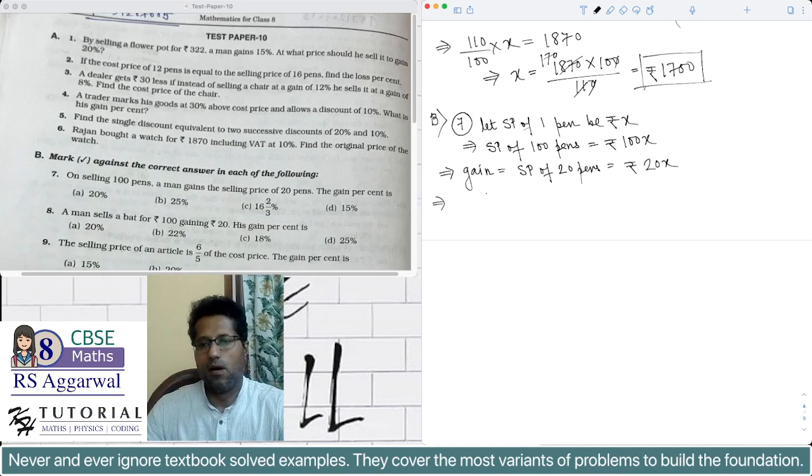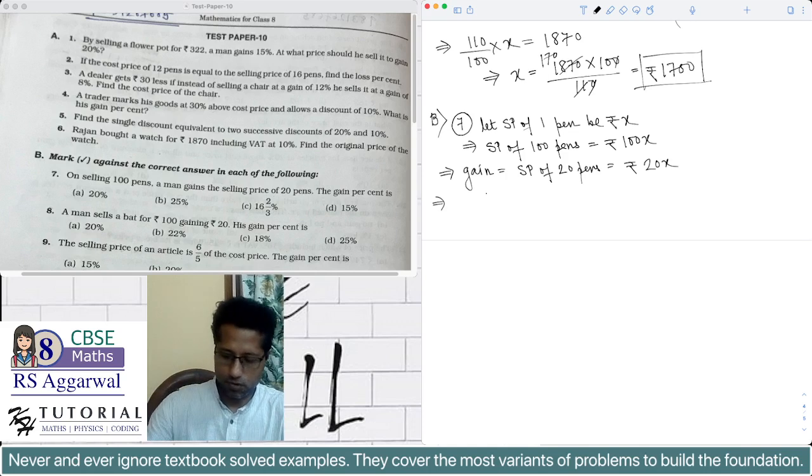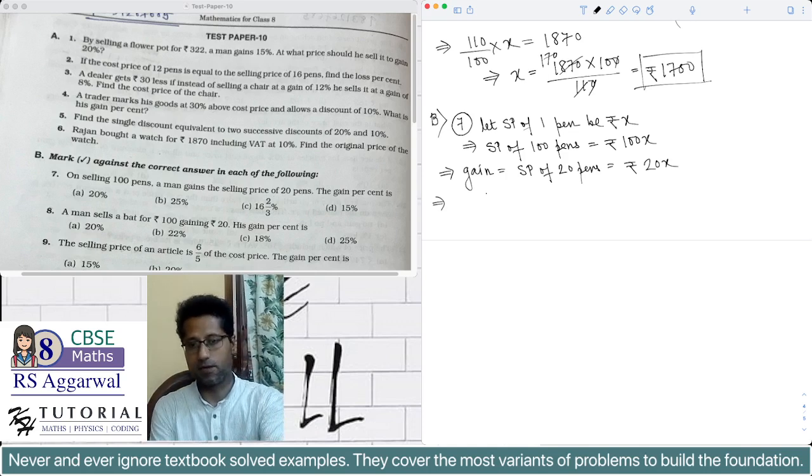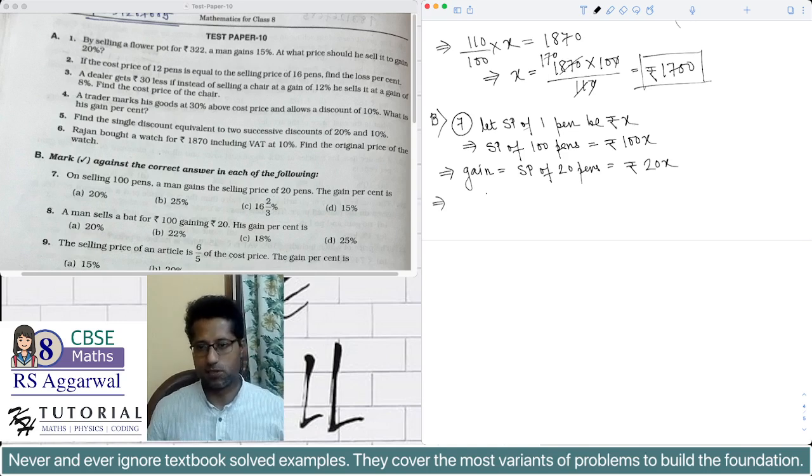So you can consider the selling price and cost price of 100 pens or even 1 pen, it does not matter, in order to find the gain percent. So let's do the calculation of the SP and CP based on 100 pens. The total gain in selling 100 pens is 20x, and the selling price of 100 pens is 100x.